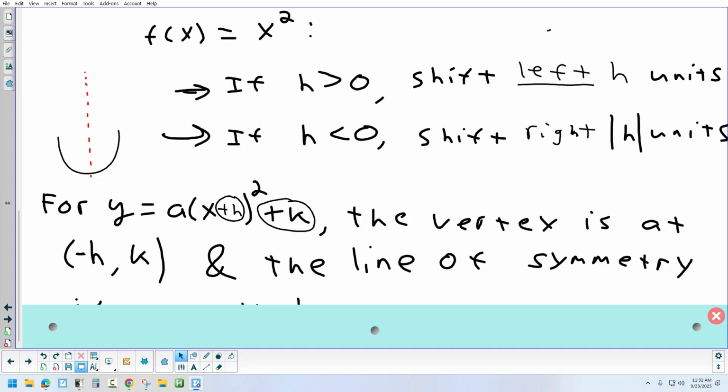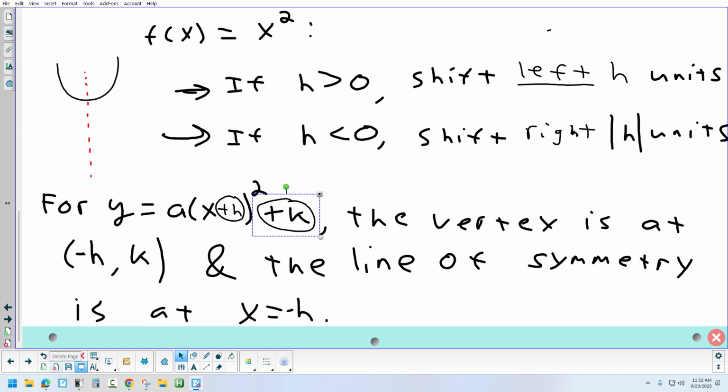It doesn't. How about if I shift the parabola up? How does the line of symmetry change? It doesn't. So shifting up and down has nothing to do with the line of symmetry. So K is not a part of the line of symmetry. The only thing that we need for the line of symmetry is H.